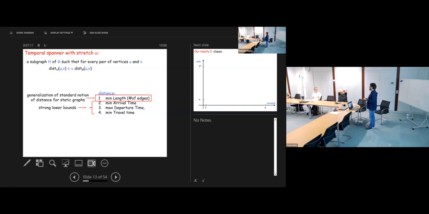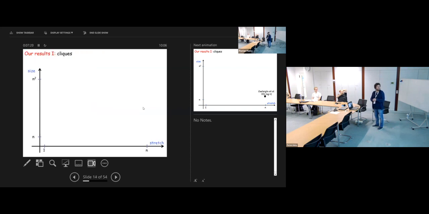So this is the second reason why you should focus on this one in order to get positive results. Okay, so our results: we have essentially three types of results. The first bunch of results concerns temporal cliques.